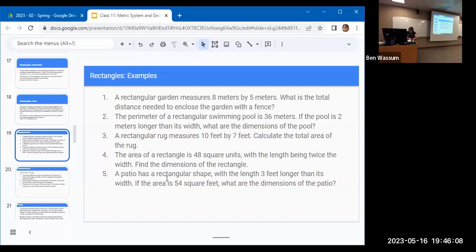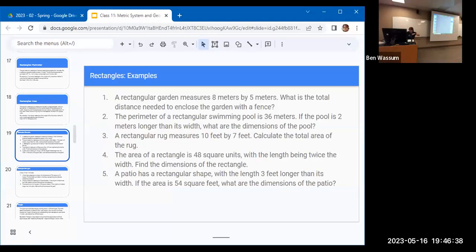So it says the area is 48 square units, so A equals 48, with the length being twice the width. Find the dimensions of the rectangle.